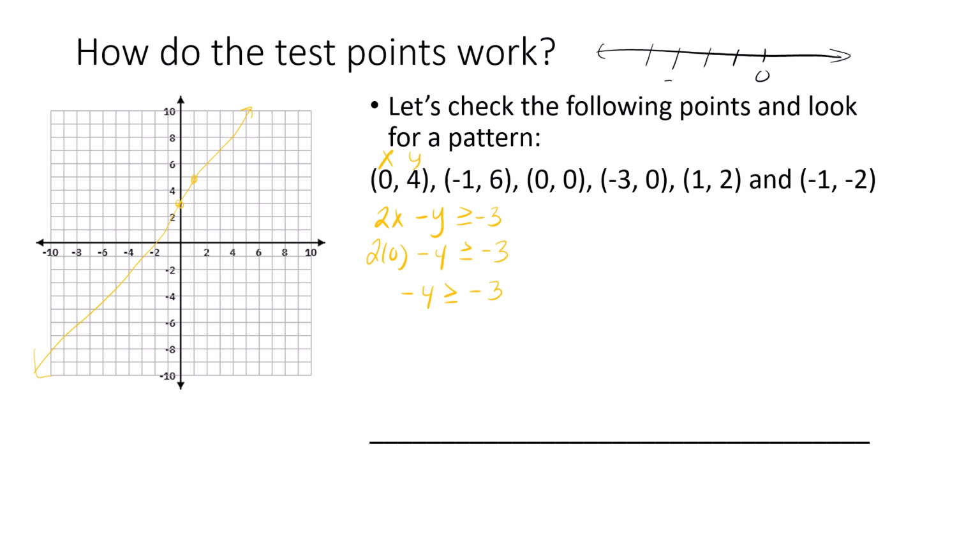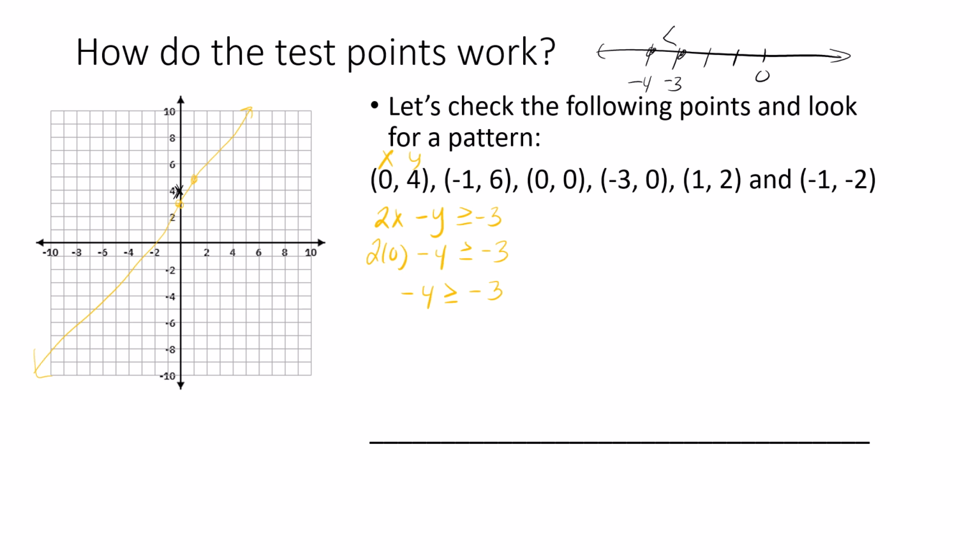Here's -3, here's -4, and you can see that it is to the left, so that is actually not greater than. So I'm going to mark the point 0, -4 with an X. That did not work.